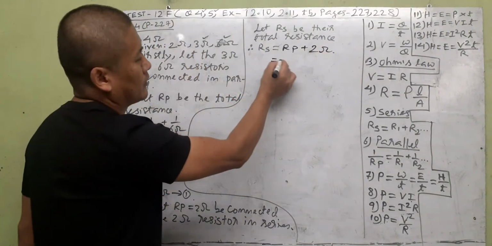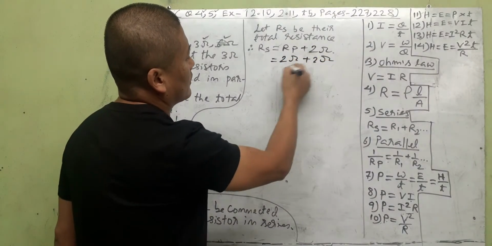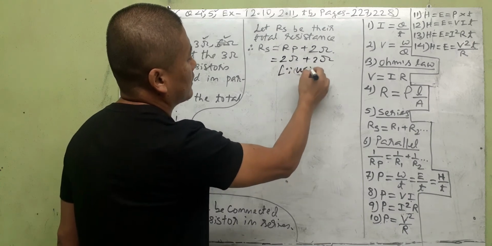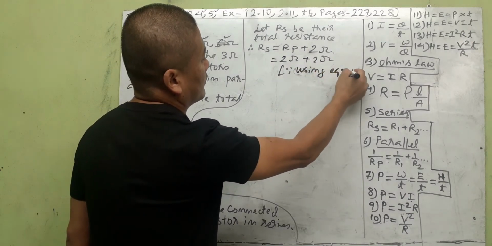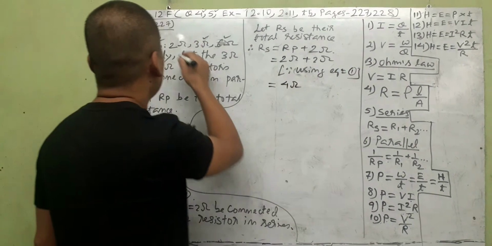So RP equal to 2 ohms, so 2 ohms plus 2 ohms, using equation number 1. So the total of the whole system has come out 4 ohms.